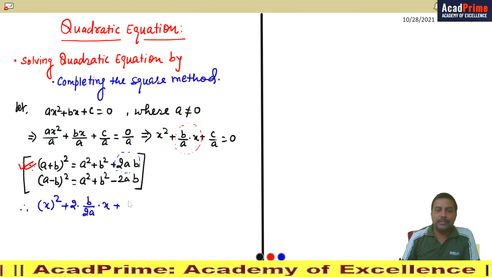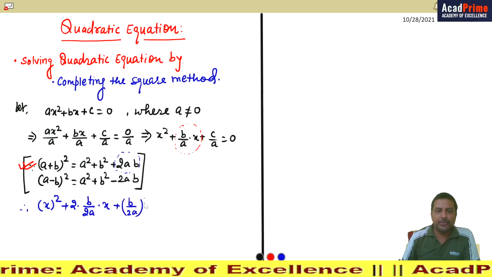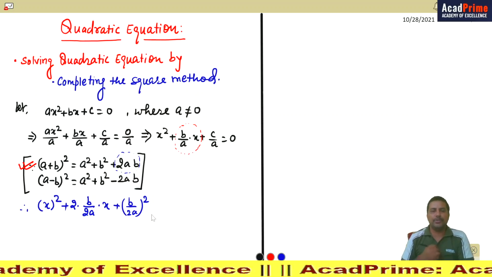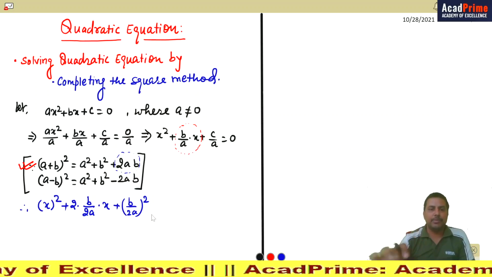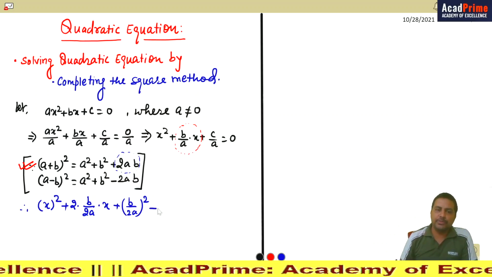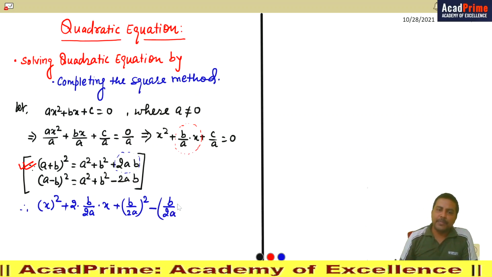And if I just add b by 2a whole square here, since this b upon 2a whole square, that is b square upon 4a square, is not given in this expression, we need to also subtract this to make the equation as earlier.